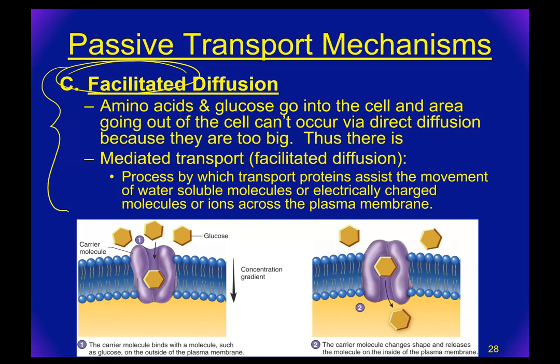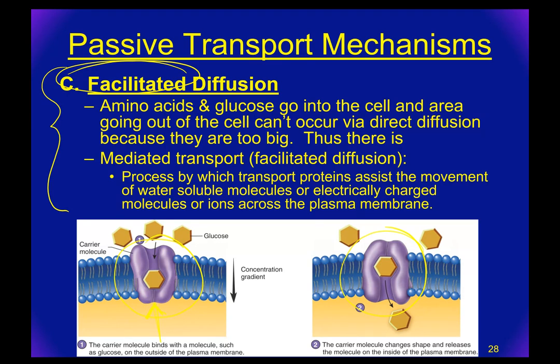Now, I can't move those directly via diffusion because they're too bulky. What I can do is I can create a transport protein. We just talked about uniporters and symporters and antiporters, right? I can create a transport protein that basically helps me to get to that point of equilibrium.